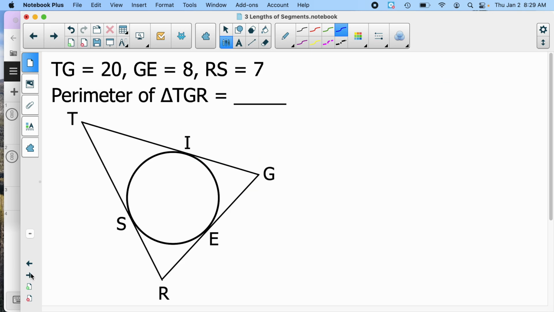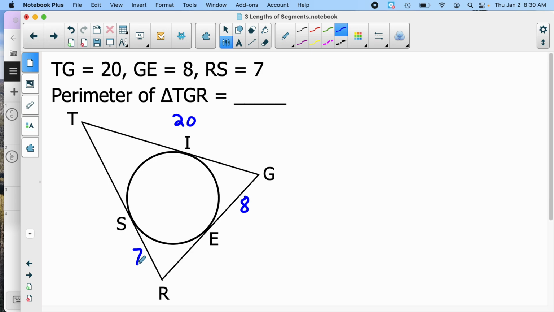In this diagram, I've got this figure here. The circle is inscribed inside the triangle. So these are all tangents. So TG has a length of 20, GE has a length of 8, and RS has a length of 7. I got to find the whole perimeter. Well, watch this.